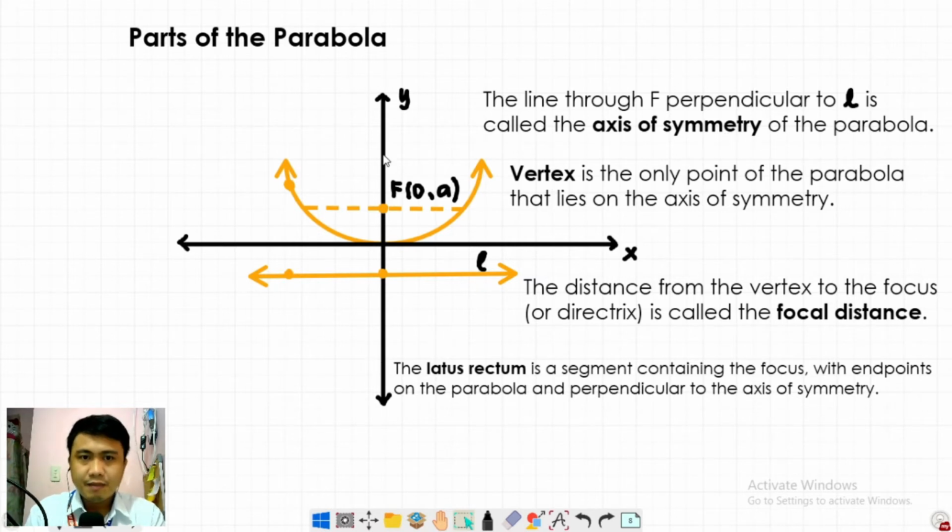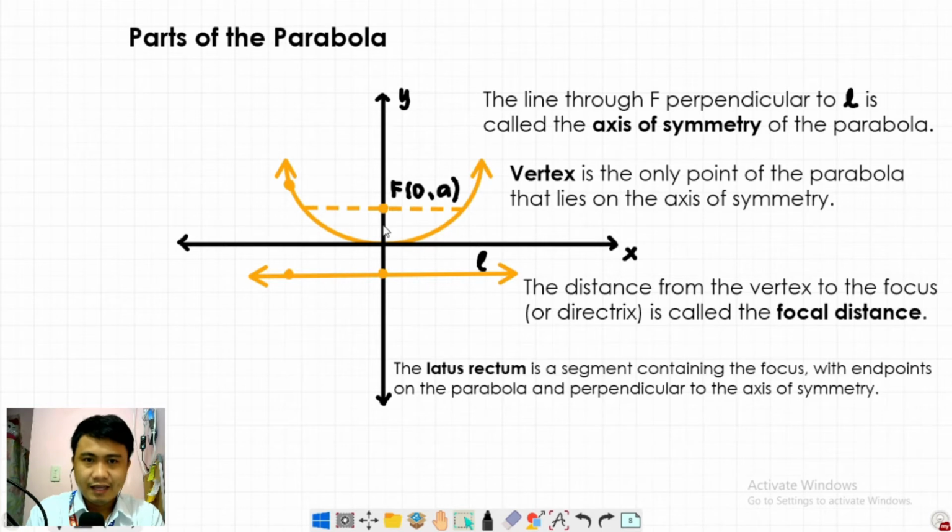At ang axis of symmetry, kung papansinin ninyo, para siyang mirror na kung saan nagre-reflect yung left part doon sa right part. Kung ano yung nasa left part, ganun din ang makikita sa right part ng ating parabola. Or, pwede ring sabihin natin that this axis of symmetry divides the parabola into two equal parts.